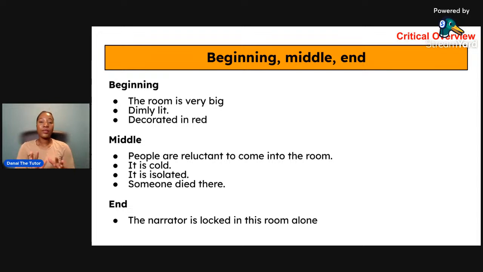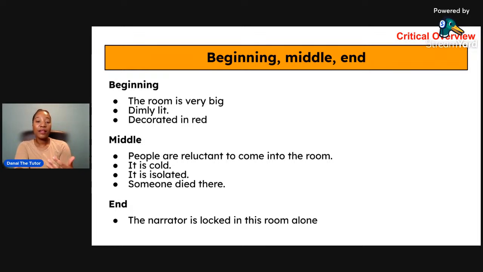For this question, I always think it's very useful to think about the beginning, middle, and end and get the events very clear. What's happening in the beginning, what's happening in the middle, what's happening in the end, and how is that all helping to create a specific atmosphere? The event of someone dying in the room is in the middle, and that adds to the idea of the room being quite intimidating.